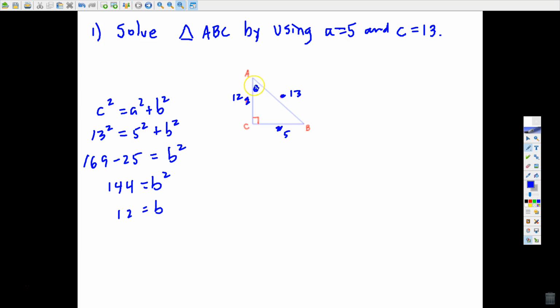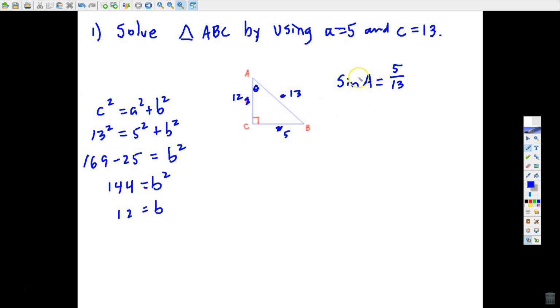You could think of, for angle A, using the sine ratio. Sine is the opposite side divided by the hypotenuse. You could also do the cosine ratio, which is the adjacent side, 12, divided by the hypotenuse. So it really doesn't matter which way you go. I'm just going to go with the sine of angle A. And it's equivalent to the opposite side, which is 5, divided by the hypotenuse, which is 13.